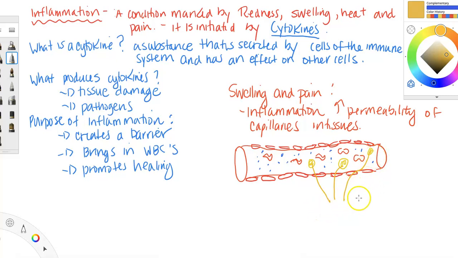So if they're monocytes, they go into the tissue and become a macrophage, and then they get to do their cleaning up, their phagocytosis, right?